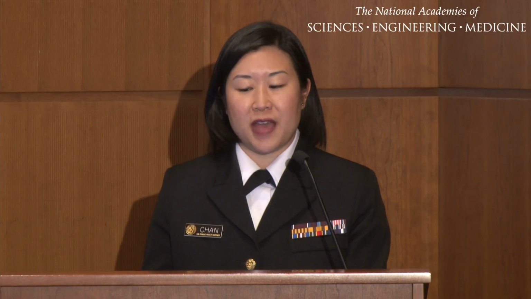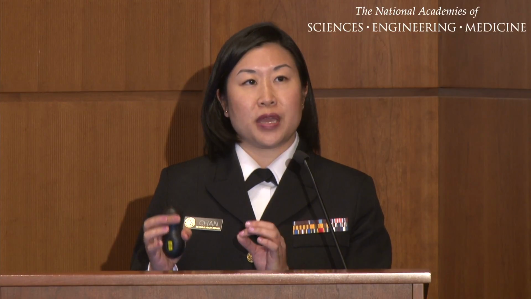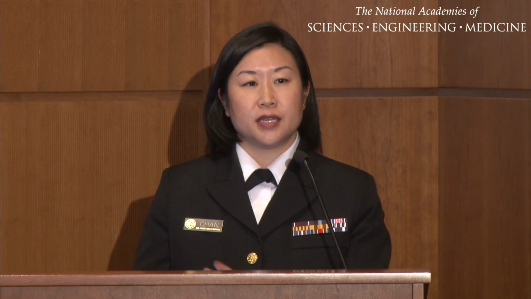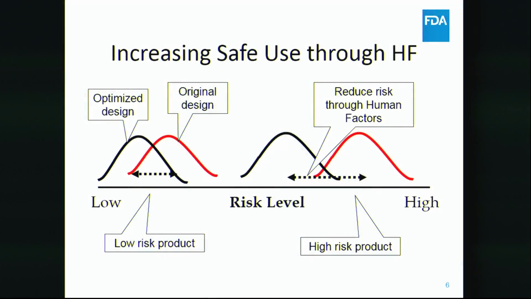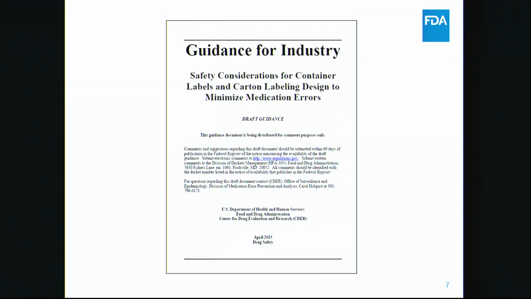So with human factors, the idea is that you can apply a process to the design of whatever the system is, in this case labels and labeling, and you can go from something that might be higher risk and ultimately decrease the risk level.